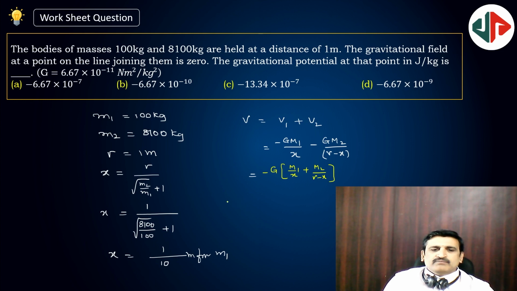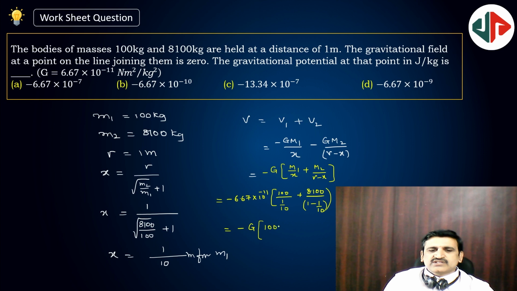So minus 6.67 into 10 to the power of minus 11 into m1 100 by 1 by 10, plus m2 8100 by R minus x, that is 1 minus 1 by 10. Okay, so that is equal to, I'll write G only currently, later I will take it up.